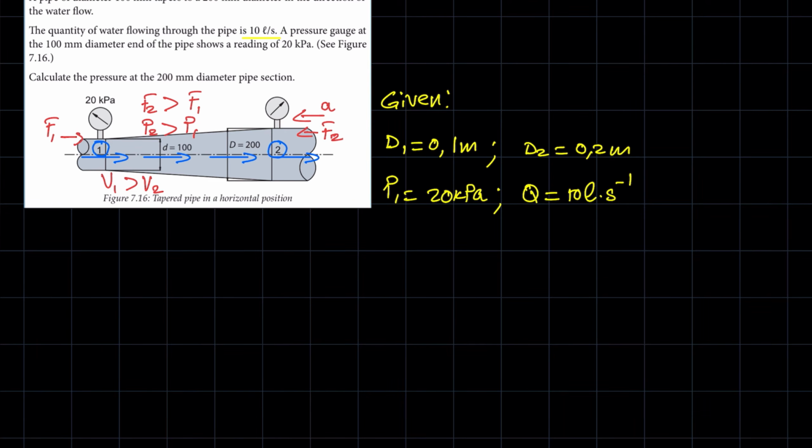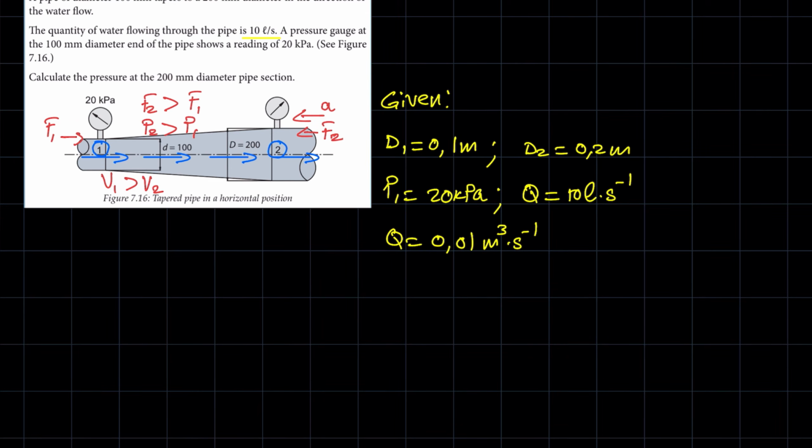Now, remember, as far as the flow rate of the water, it has to be in cubic meters per second. So we convert the liters to cubic meters. In doing that, you divide the 10 by 1,000, and Q will end up being 0.01 cubic meters per second.